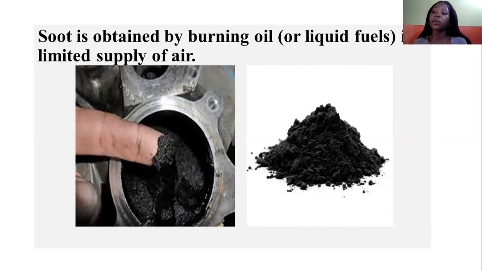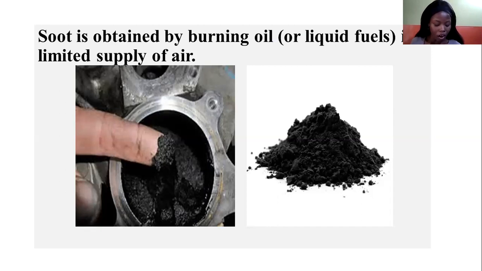After a process of time, you see a collection of black substances. That substance is known as soot. So it's obtained by burning liquid fuels or oils in limited supply of air.